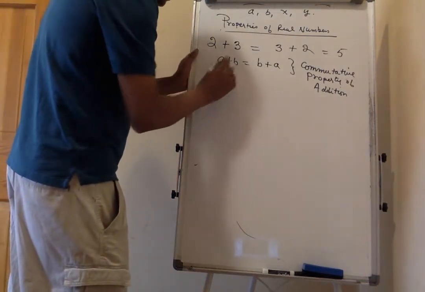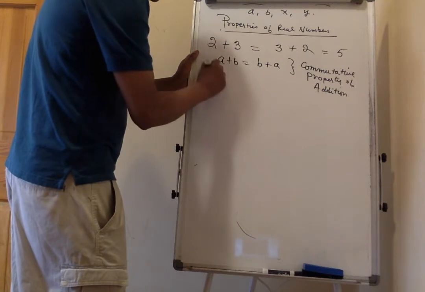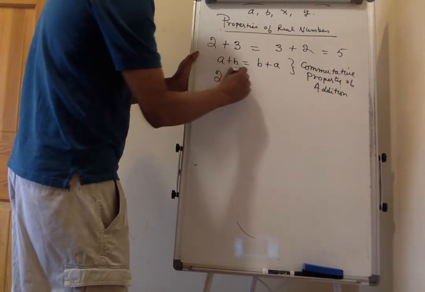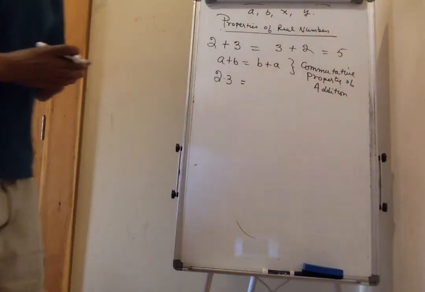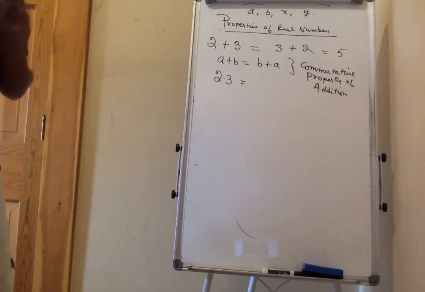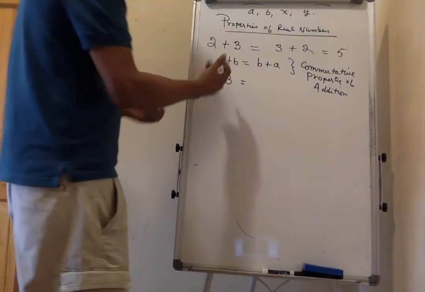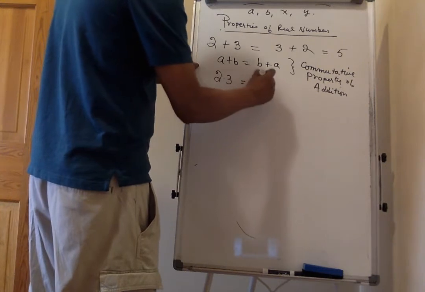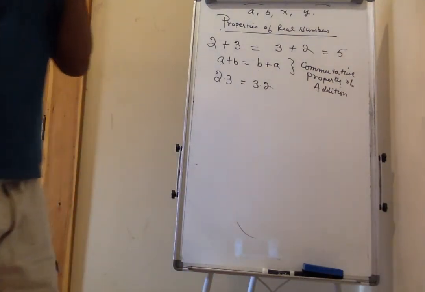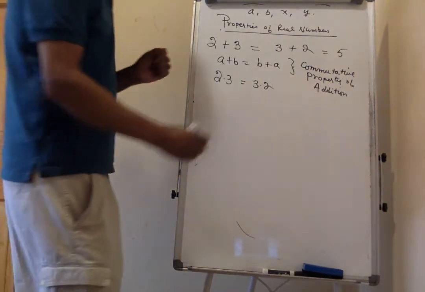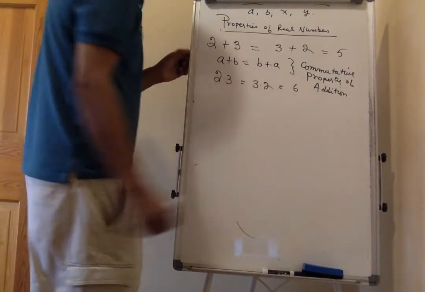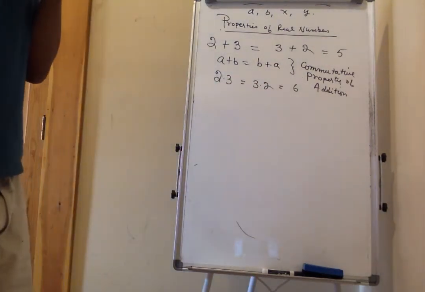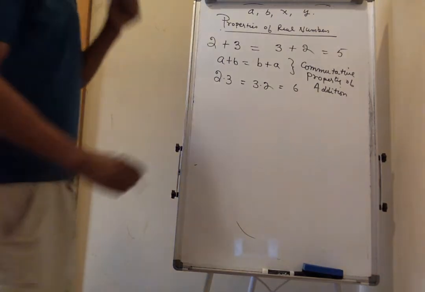If I multiply 2 by 3, 2 times 3, I can do it a different way. I can reverse the order. I can say it is the same as multiplying 3 by 2, which gives us, in this case, 6. Therefore, what can I say about multiplication?